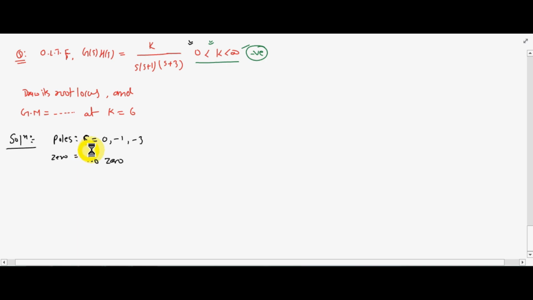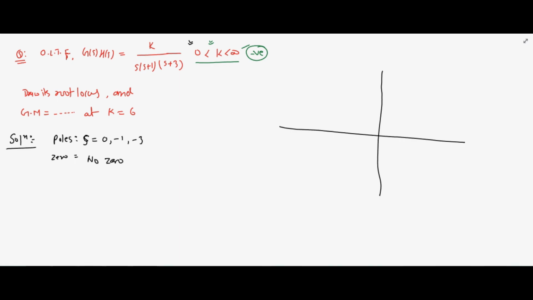Now first we have to locate the poles of our system in the s plane. This is the s plane.